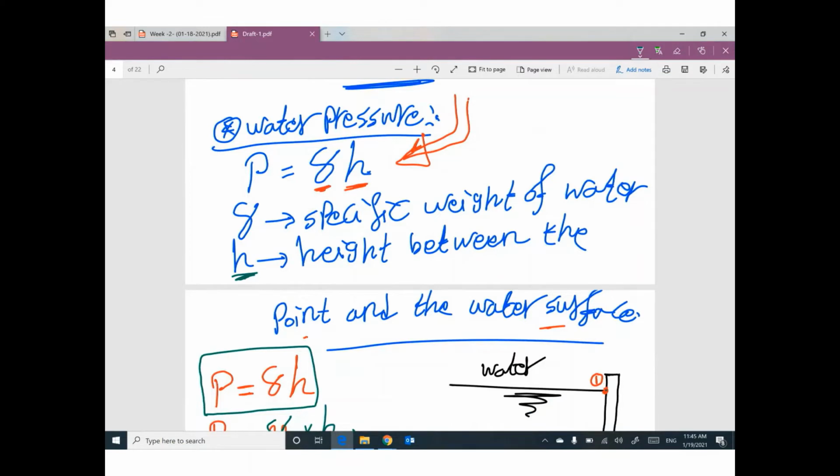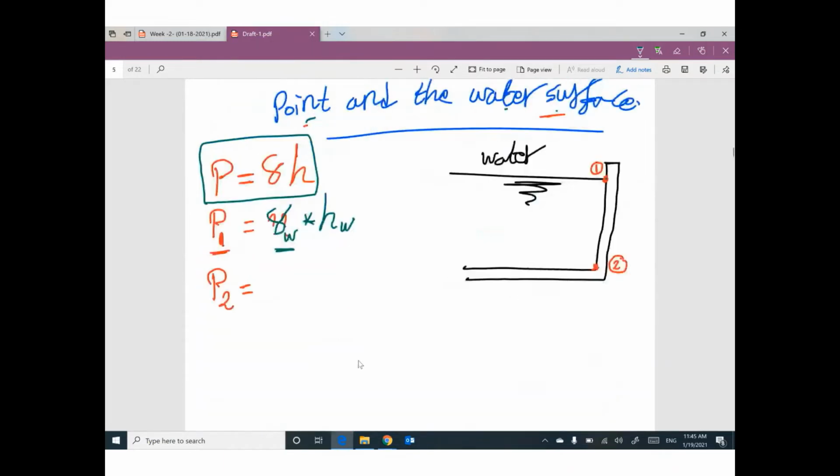H is the height or the distance between the point you are looking for and the water surface. What is the height between point number 1 and the water surface? No, we don't have height because point 1 is at the same location as the water surface. So H water is 0.